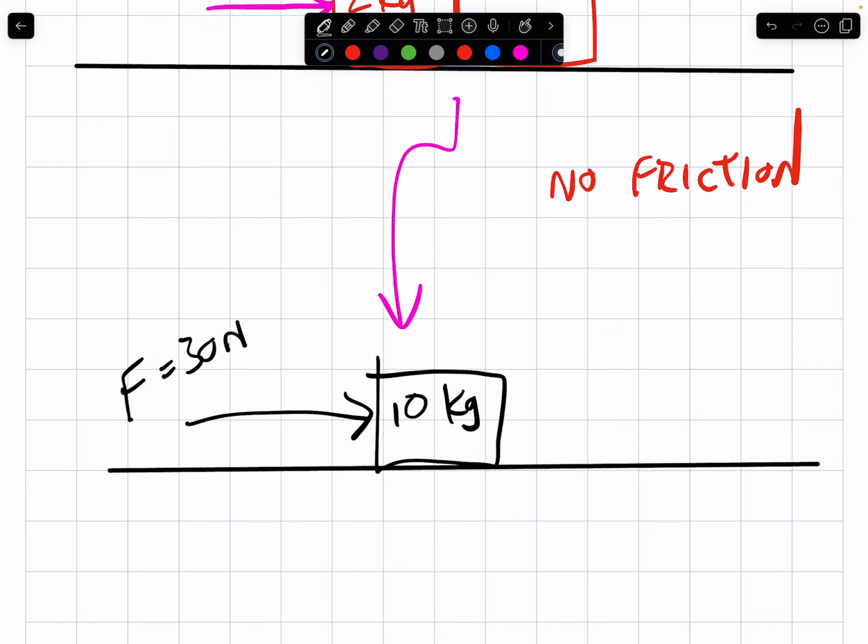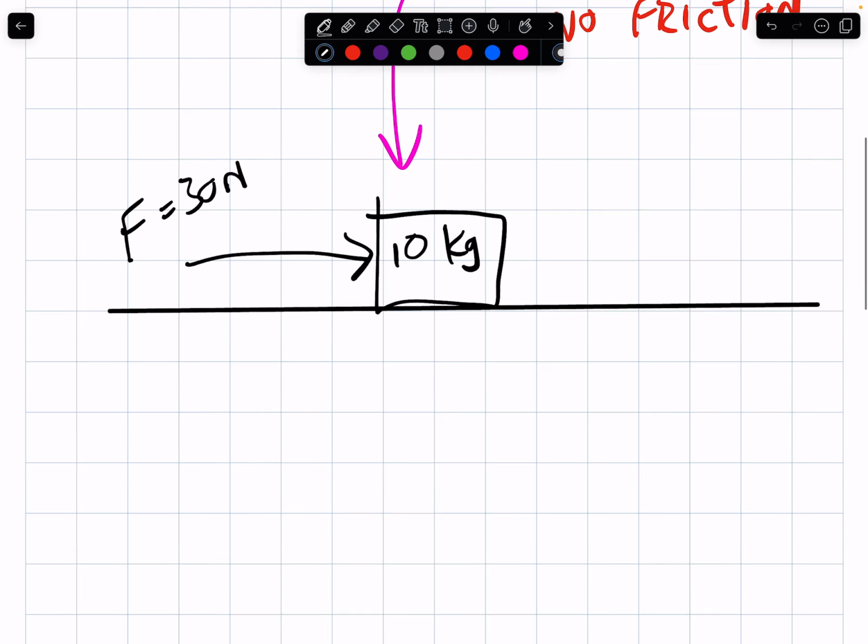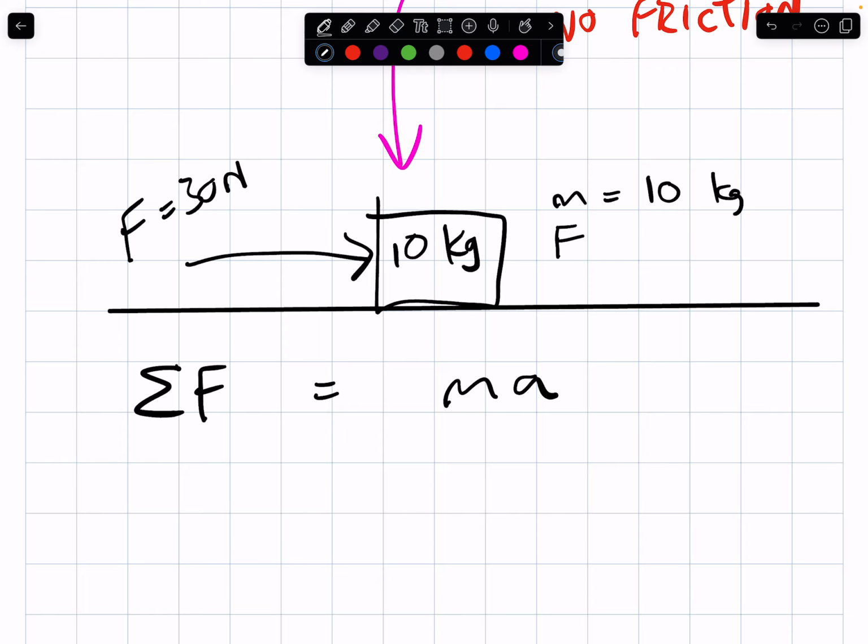So if I want to find the acceleration, I'm going to write down Newton's second law, which is net force equals mass times acceleration. Again here, m is 10 kilograms, and the net force is 30 newtons.